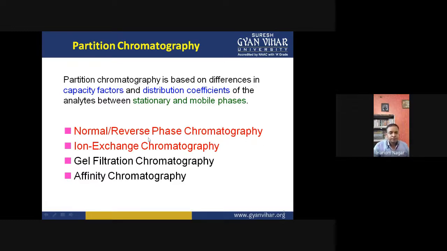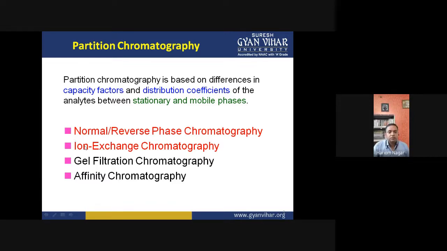In normal phase chromatography, the stationary phase is more polar than the mobile phase, okay? And in reverse phase chromatography, the mobile phase is more polar than the stationary phase.